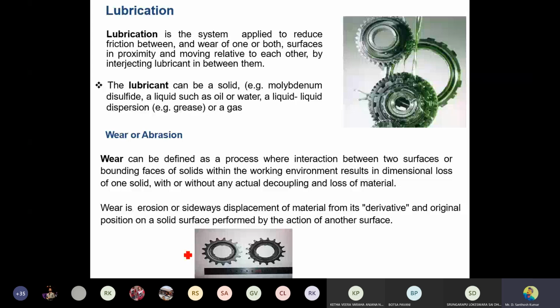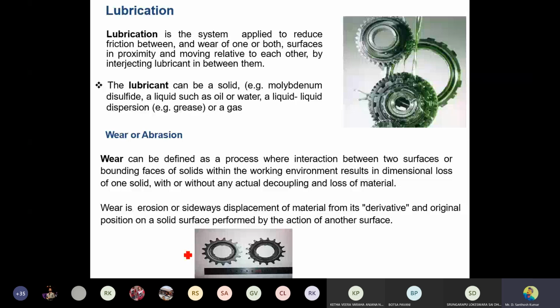And we are talking about another one, that is wear or abrasion. This is very important nowadays. A lot of research is going on in this particular area. So how are we defining this? It is a process where the interaction between two surfaces or two bounding faces of solids, within the working environment, results in a dimensional loss of one solid.